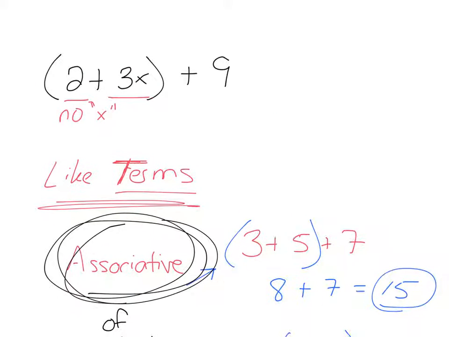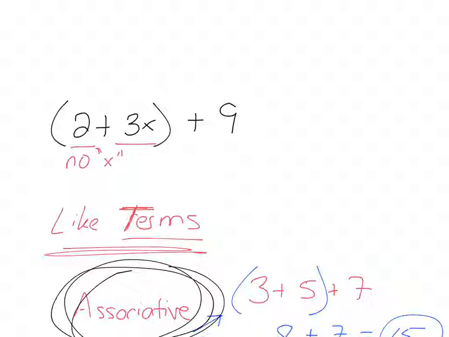So what I can actually do in this problem is, because it's all addition, it doesn't matter what order I do it. So in reality, I can actually take off those parentheses.